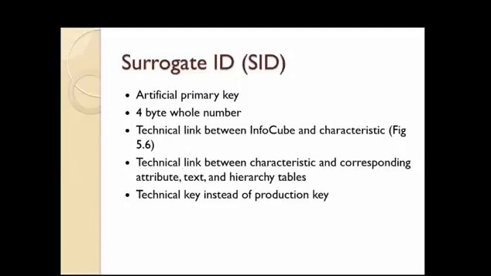So everything is linked together from the Infocube, which has transaction data, to characteristics, which have master data.